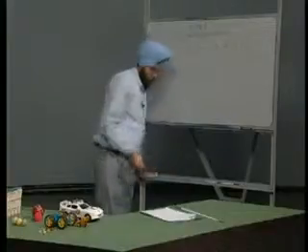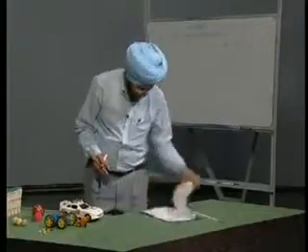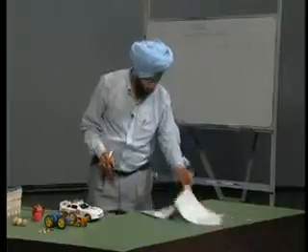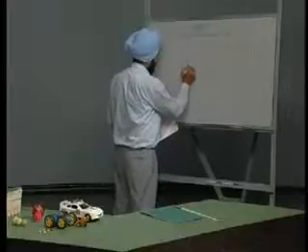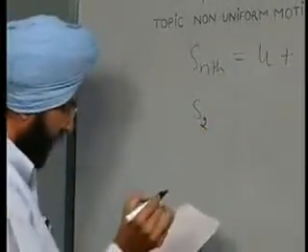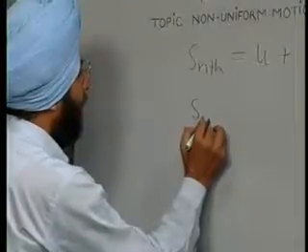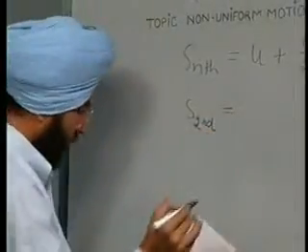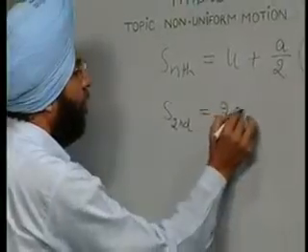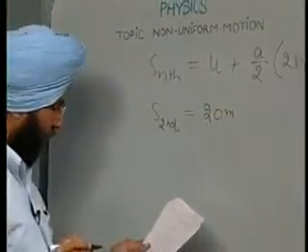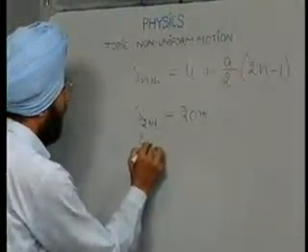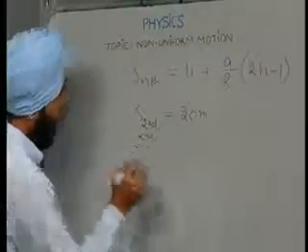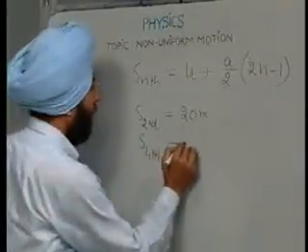Now, suppose the distance travelled in the second second is equal to 20 meter, and the distance moved in the fourth second is equal to 30 meter.